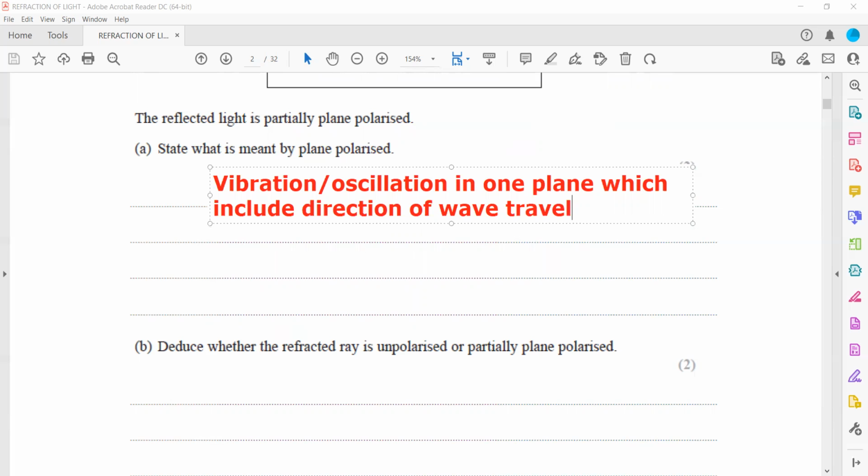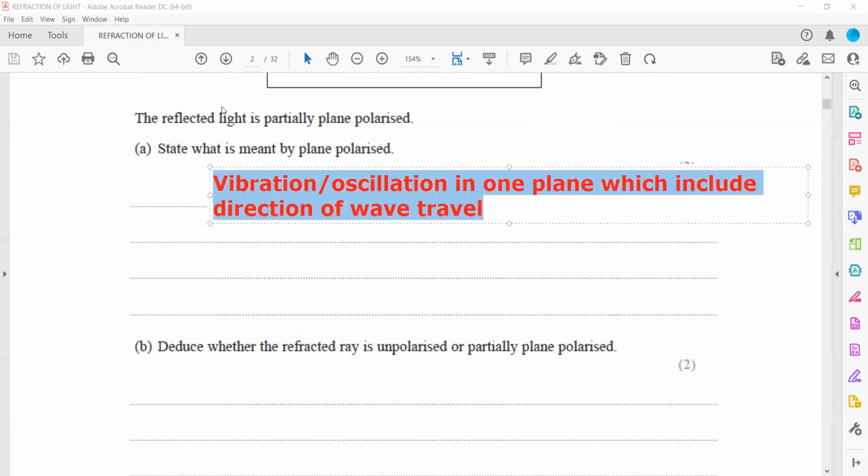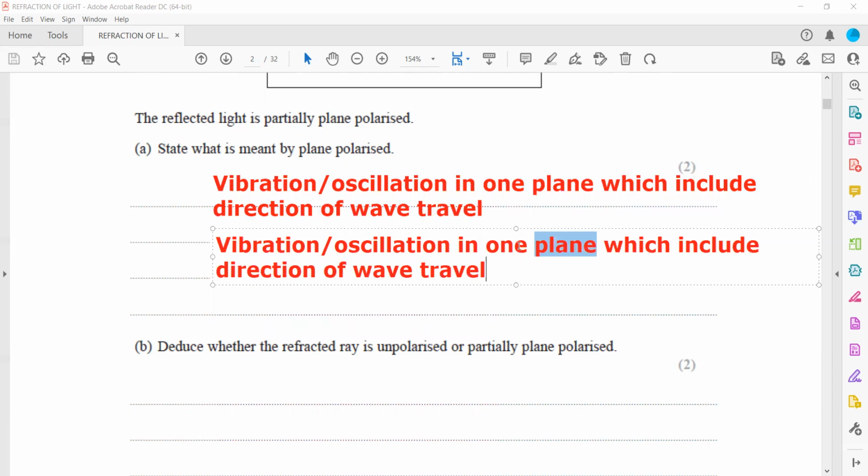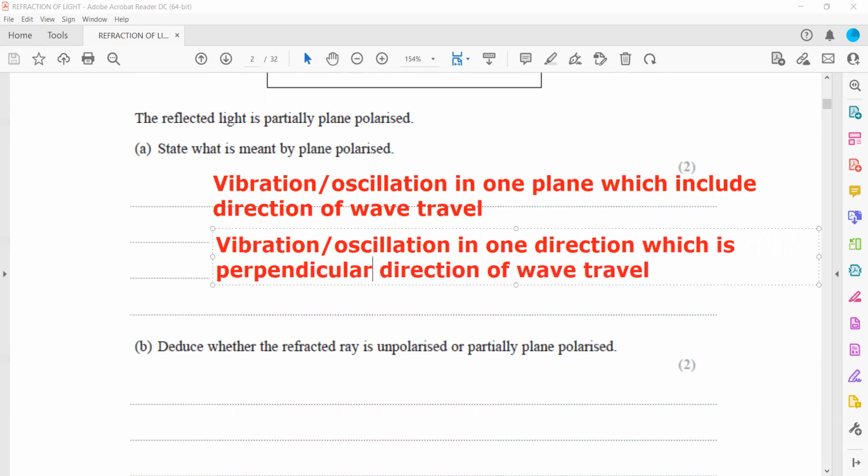But if you are using the term direction, the same definition for polarized light is that the vibration or oscillation is in one direction, which is perpendicular to the direction of wave travel.